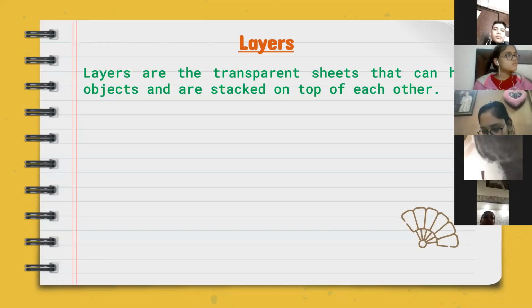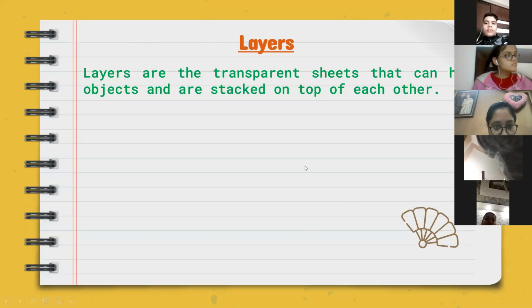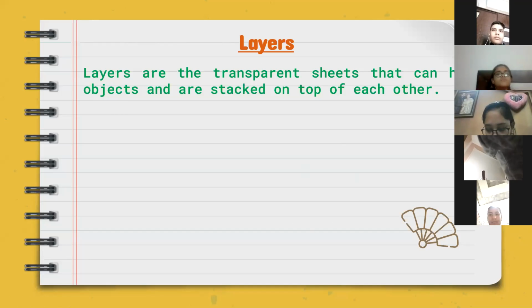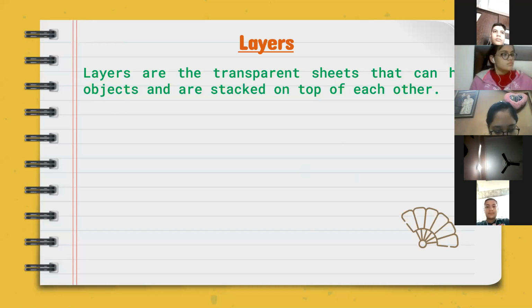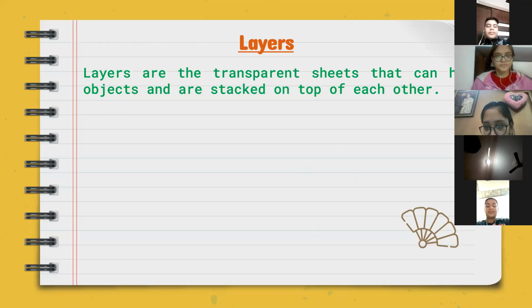So layers are the transparent sheets that can hold different objects or images, and they can be stacked on top of each other. Because they are transparent sheets, we can view the bottom part also. So overall we will see all the 10 images, but all the images are on separate layers, so we will be able to give different effects. We can crop them, we can give some 3D effects, some colors, or some soft edges, whatever effects we want.